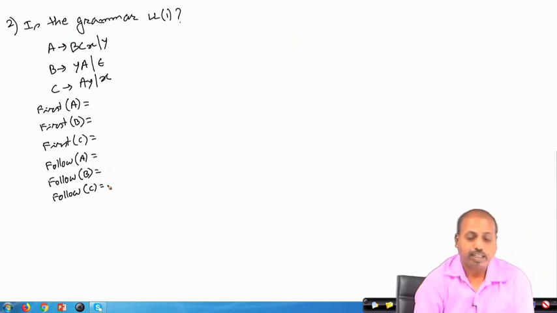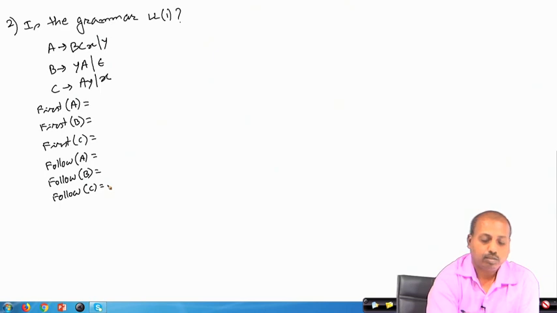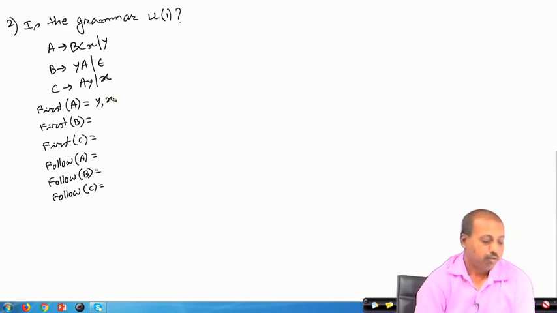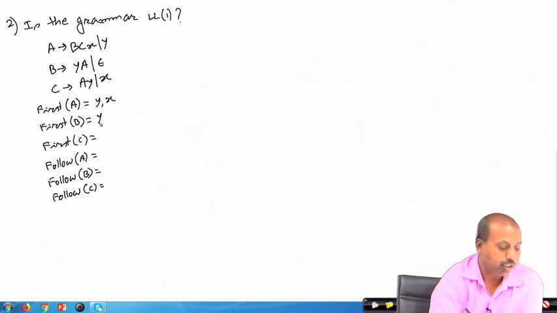Now, first of A is anything that you can start with A. We have got this y, and A can give me y definitely. And then if you replace A by this B C, and then B replaced by epsilon and then C replaced by x, as a result x can also come in the first of A. Similarly, first of B you have got y.